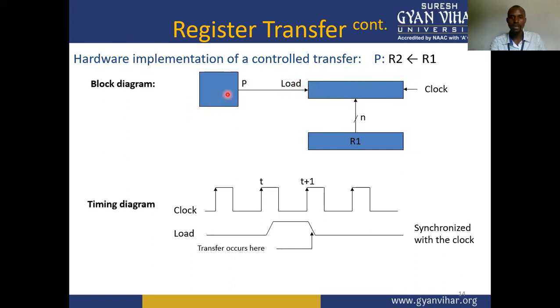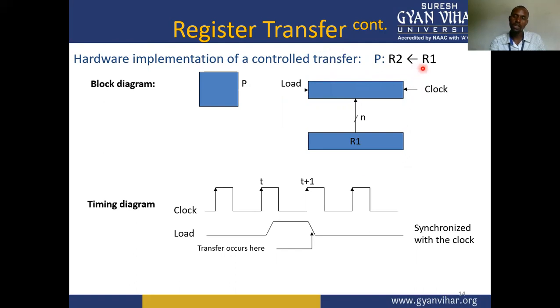Now in this block diagram, let's assume that P is equal to 1. That means R1 can now load information, and at the same time, a clock cycle can be introduced. So this is just a summary of previous concepts we've covered.